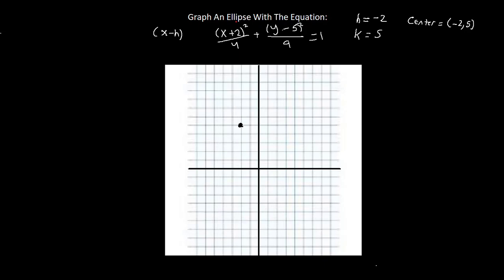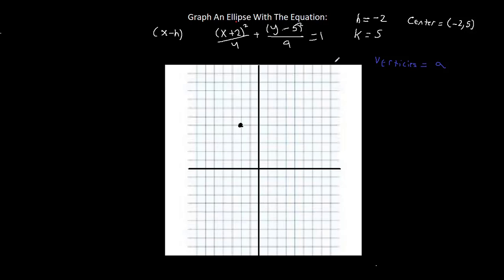Okay. So the next thing we need to consider are our vertices and our co-vertices. If you remember back, our vertices, let's use blue, are derived from that a parameter.